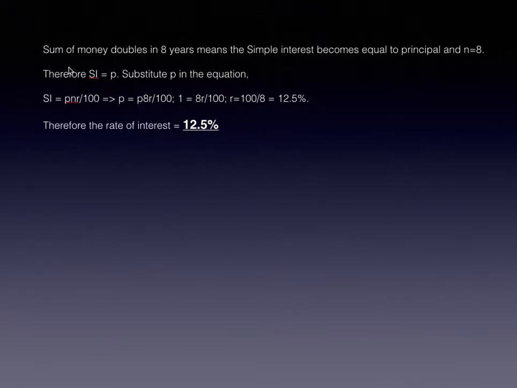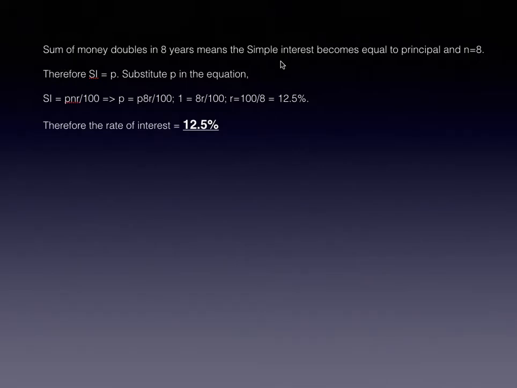So every year this 250 is again added to the amount we invested initially. Therefore, after first year the amount becomes 1000 plus 250, 1250. Then after second year it becomes 1500, then 1750, and then 2000. So in 4 years 1000 becomes 2000 at 25% rate of interest.